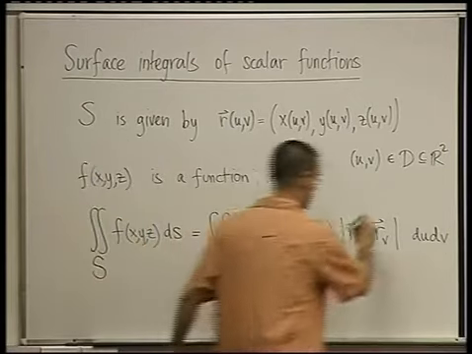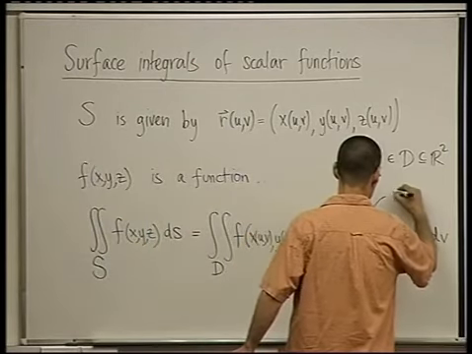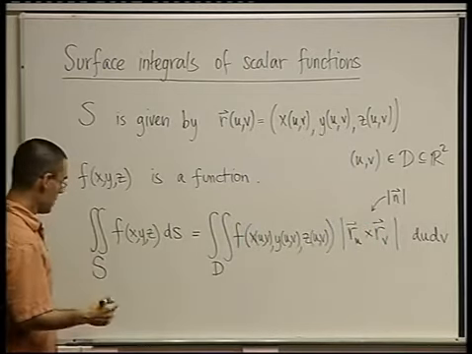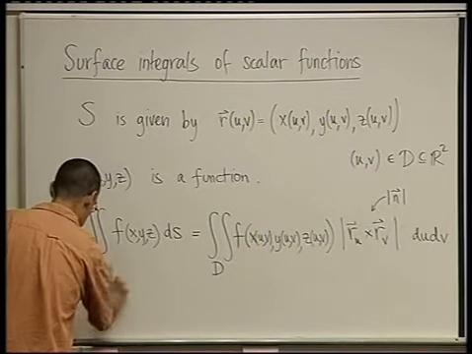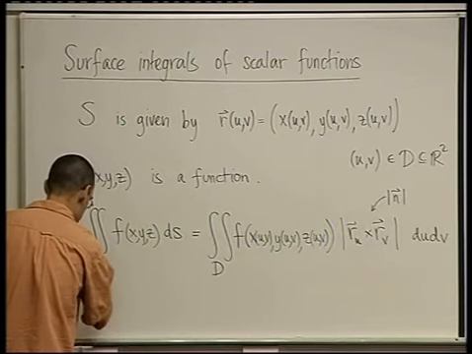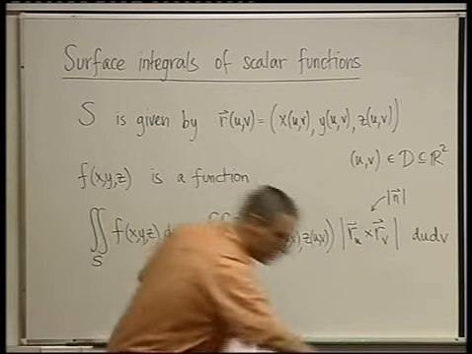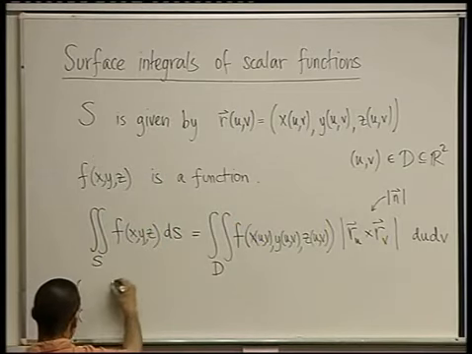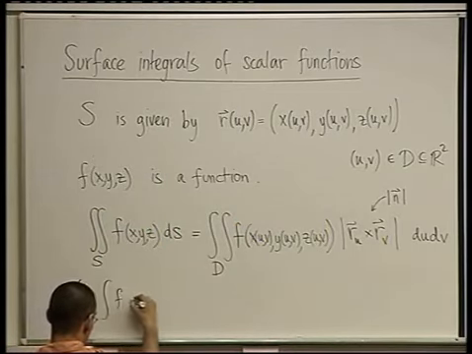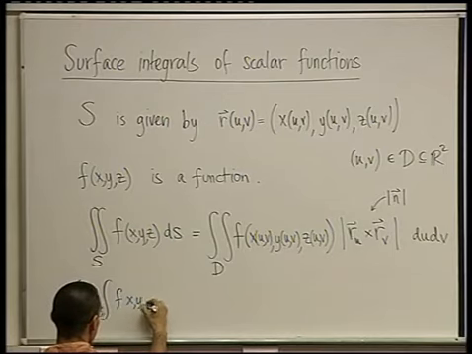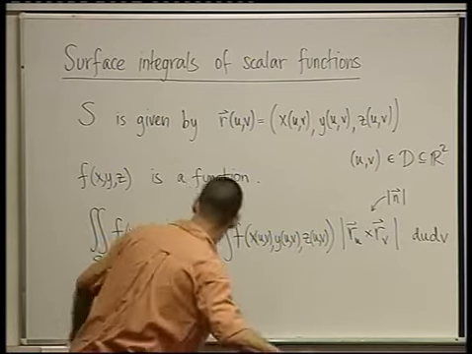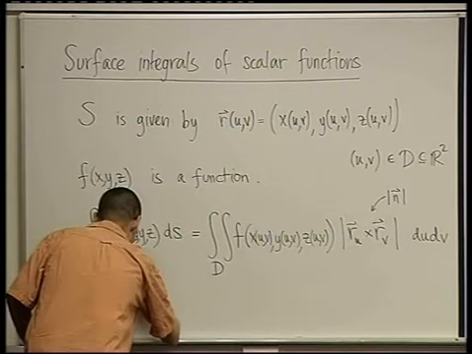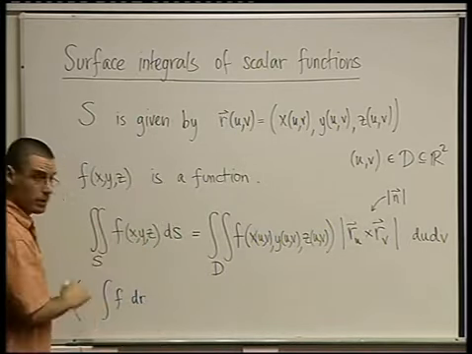So this is just the length of the normal, Ru cross Rv. And you should see that this is analogous to the line integral of a scalar function, f dr, remember this?